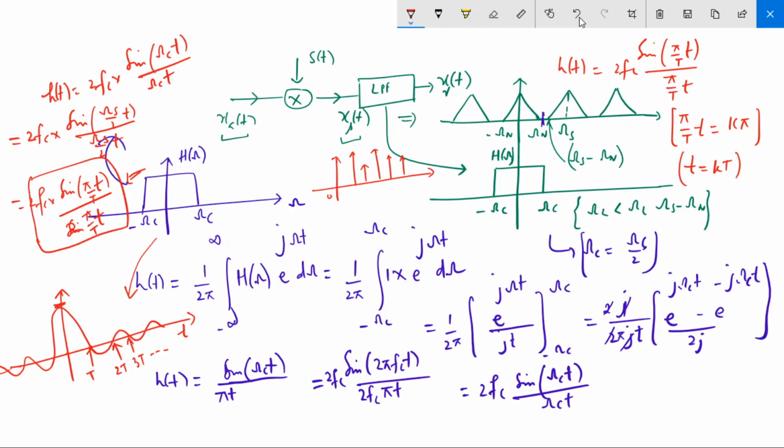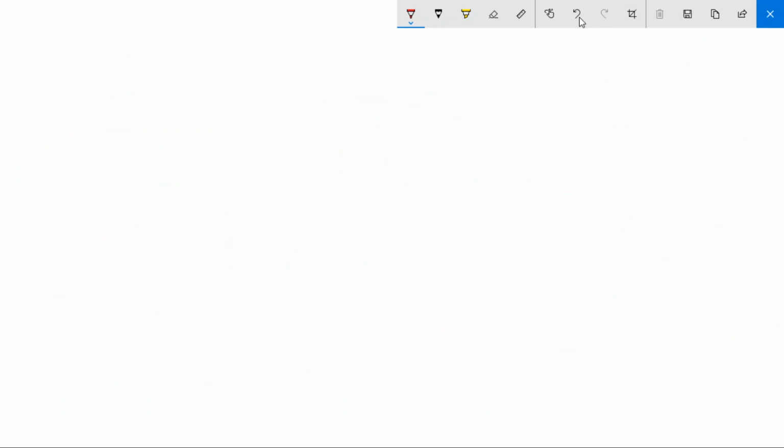Now the convolution of the impulse with this sinc function gives the same sinc. The only thing is that it will be scaled with its magnitude. Okay, so how do you get the ideal interpolation? You have started from the analog signal x_a(t) multiplied with an impulse train, and you get a sampled sequence x_s(t).